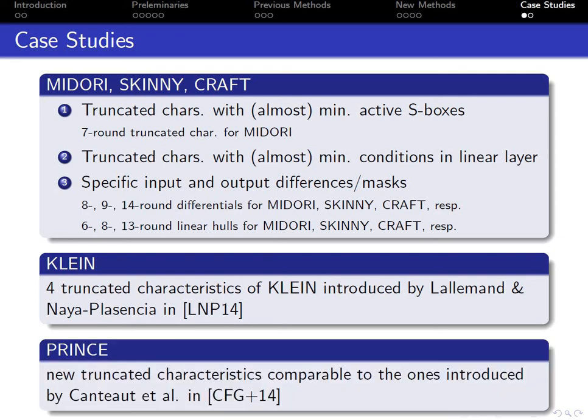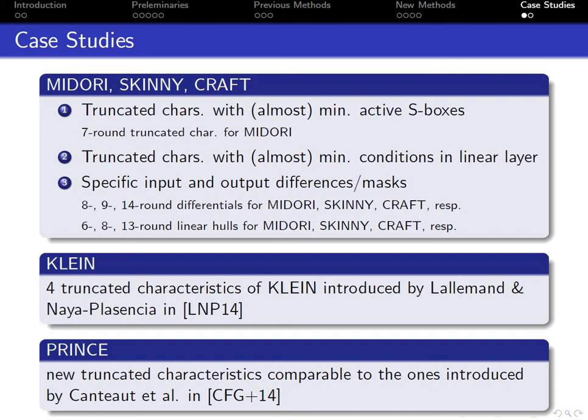We also find new truncated characteristics for the Prince block cipher, which is comparable to the truncated characteristics introduced by Canteaut et al. In this case, we found several new differentials with higher probability. For more details about our results, I ask you to visit our paper.